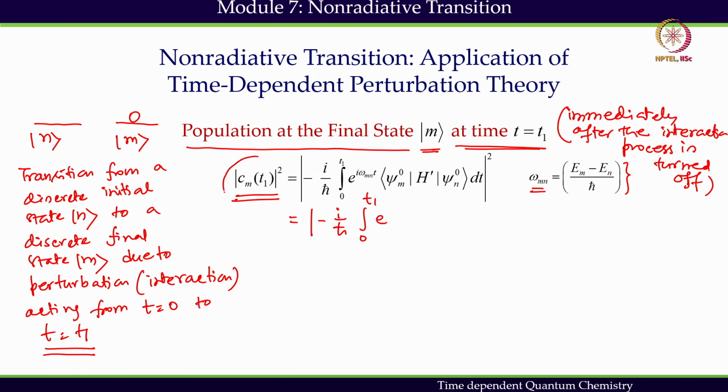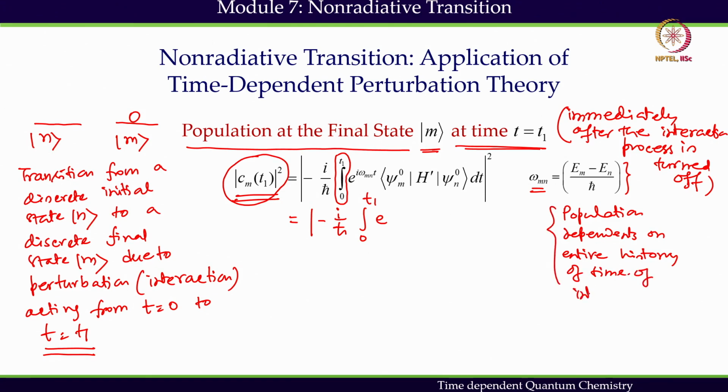So the population depends on the entire history of time of interaction. That's why we have to integrate over time.